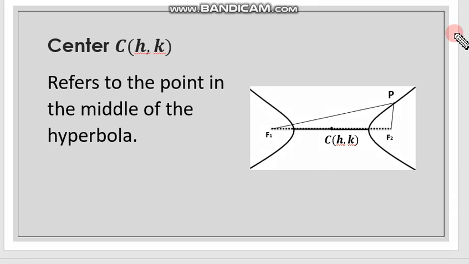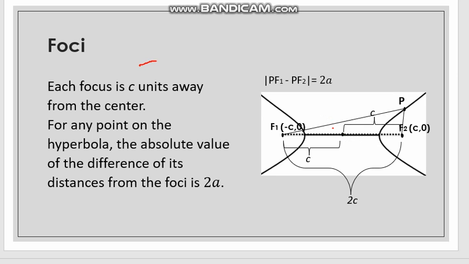Okay, so what is the center? Just like in the ellipse and the circle, our hyperbola has its own center. It refers to the point in the middle of the hyperbola and is represented by (h, k). The foci are also c units away from the center. The foci are always found inside where the hyperbola opens.